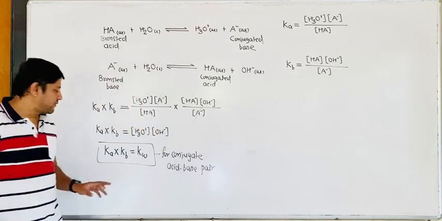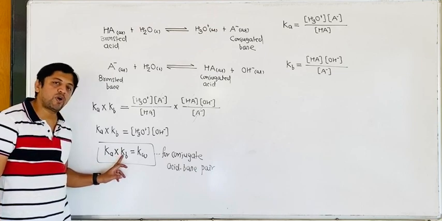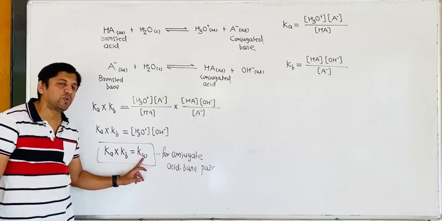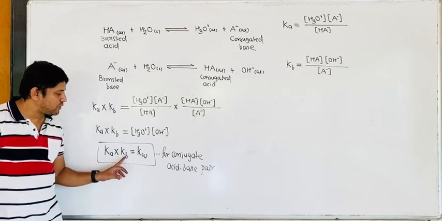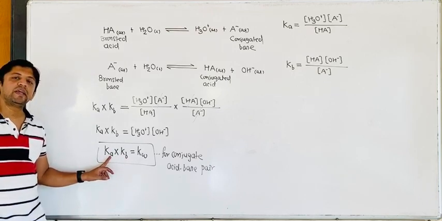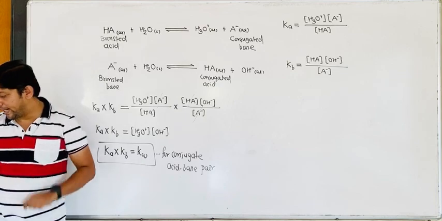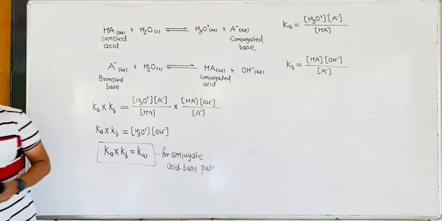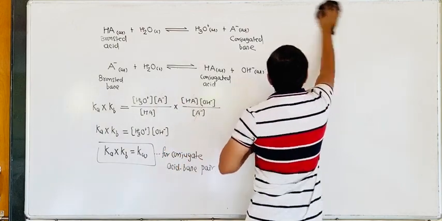The product of dissociation constant of acid and dissociation constant of its conjugate base is equal to Kw, or we can say that the product of dissociation constant of parent base and its conjugate acid Ka is equal to ionic product of water Kw. As ionic product of water Kw is a constant and it depends on temperature.